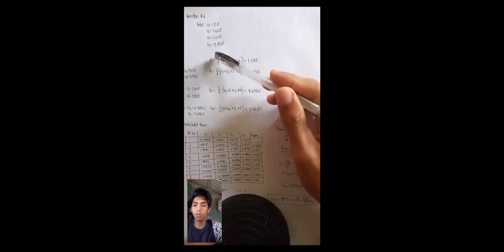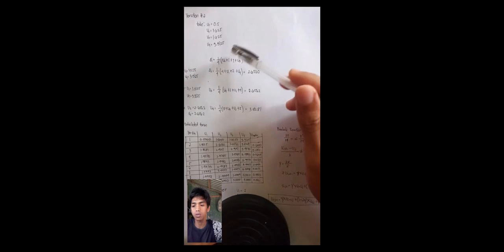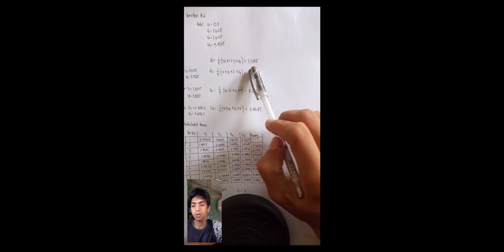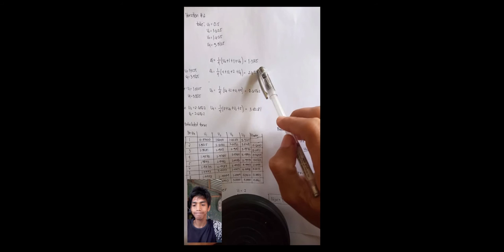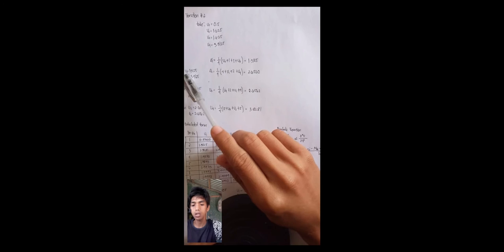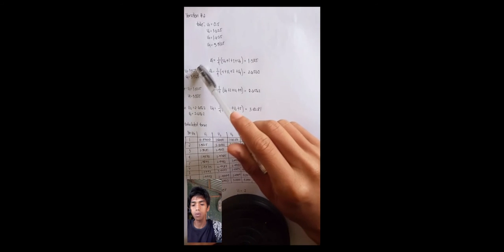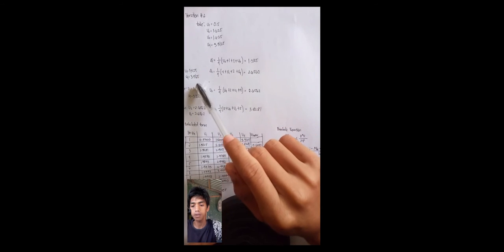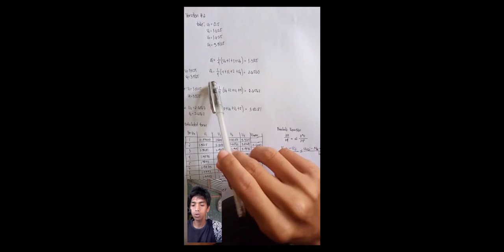Our u1 is equals to 1 over 4 times u2 plus 1 plus 1 plus u3, which is equals to 1.3125. Now, take u1 is equals to 1.3125 and u4 is 3.3125, and to get u2 is 1 over 4 times 4 plus u1 plus 2 plus u4.